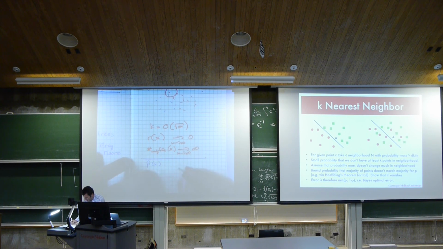With probability p hat, you're going to get things correct, but with probability 1 minus p hat, we're going to make an error. This is exactly what we get. That's basically the probability that the class label is the other way.